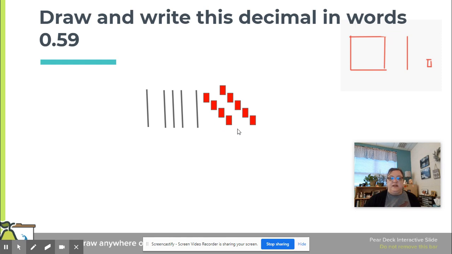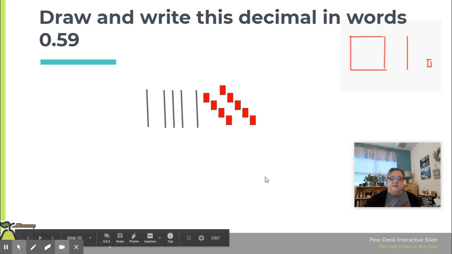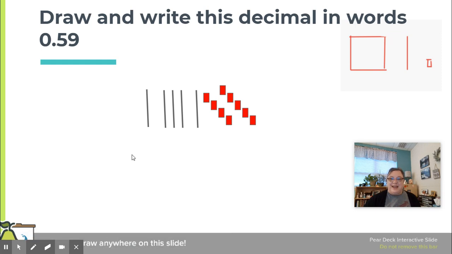So 59 hundredths. And then go ahead and write it out here, 59 hundredths. So when we write it in words, we need a word for 59 and the word hundredths, which is 100 with THS. 59 hundredths.